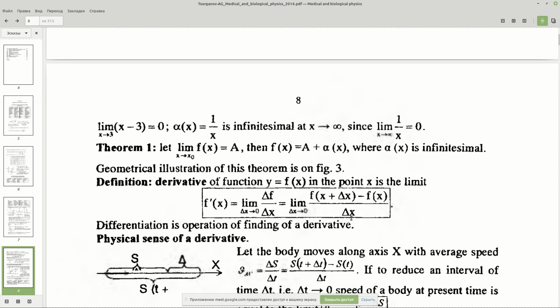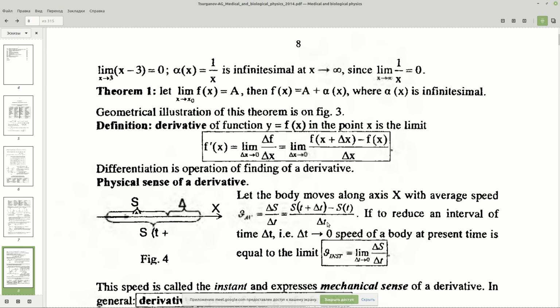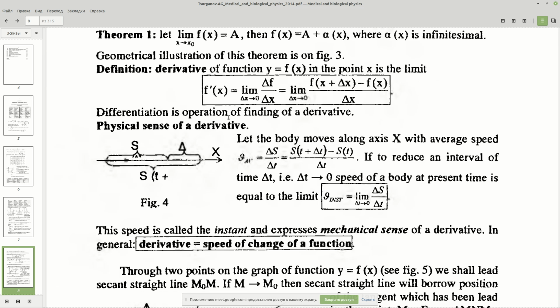So, the physical sense of the derivative. Remember, let a body move along the axis x with an average speed, which equals delta s divided by delta t, the interval of time when this happens.